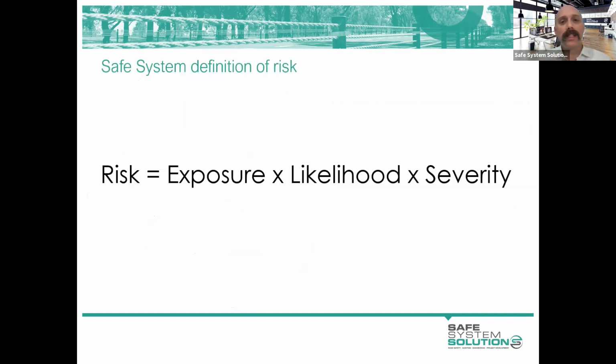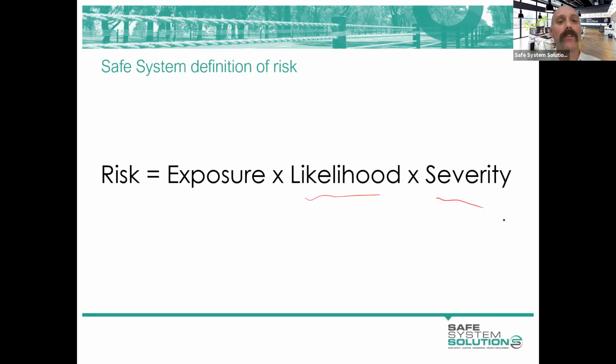So when we got into this idea of risk and the safe system definition of risk, we looked at the exposure to crashes and the likelihood and the severity. We talked a bit about the fact that the usual definition would just be likelihood and severity.